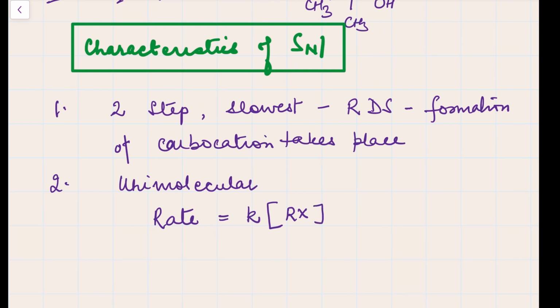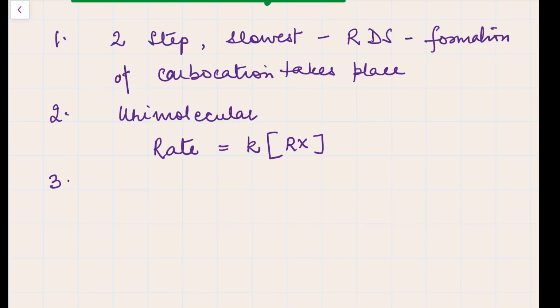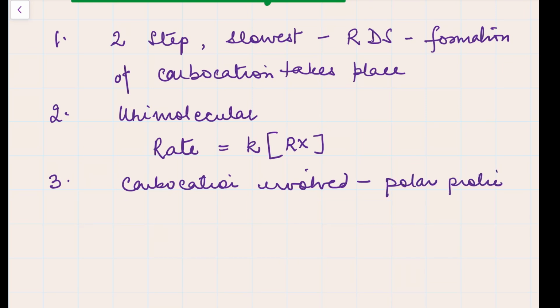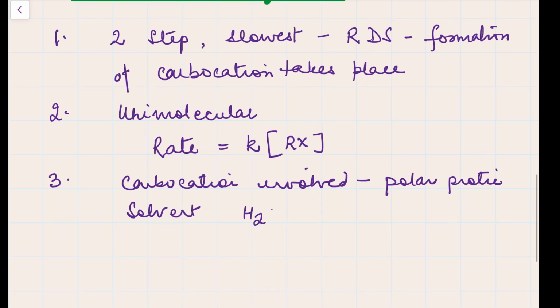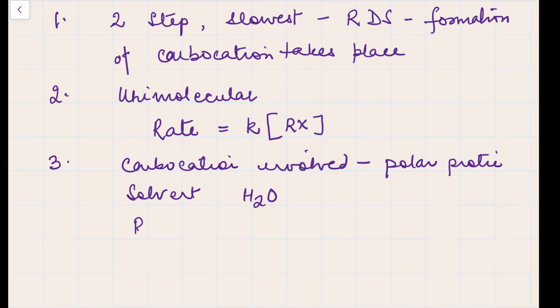Since we have a carbocation involved, the reaction is always stabilized by a polar protic solvent. It's a solvent that has polarity as well as protons, something like water. Also, removal of the halide will be stabilized by the solvent, because the solvent will stabilize the halide ion, right?